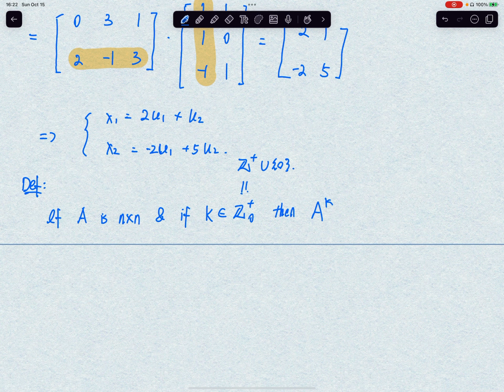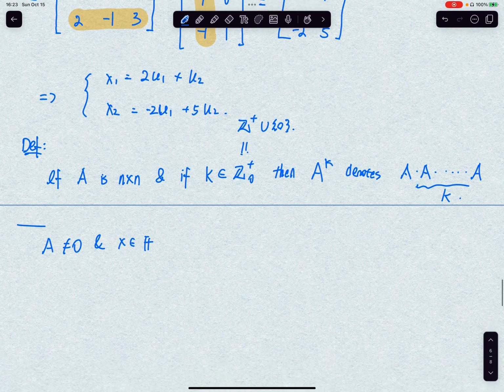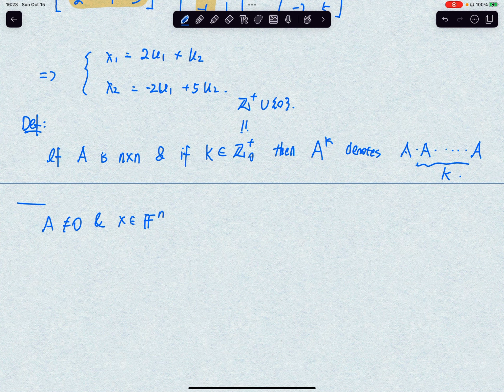Then A^k denotes A times all the way down to A, and there are k times. So if A is non-zero and if x is in F^n, so that means x is an n-dimensional vector in the underlying number field, or vector space generated by the number field.